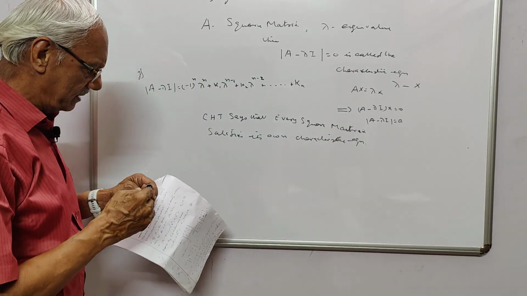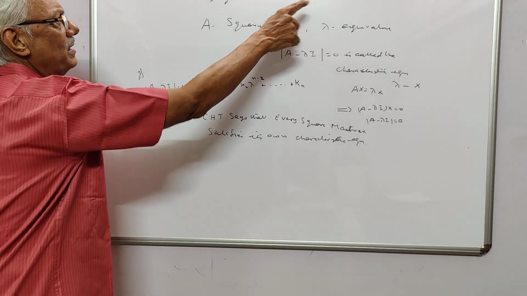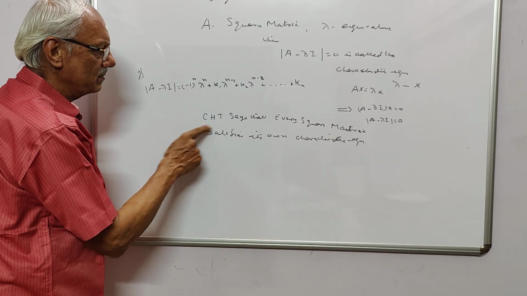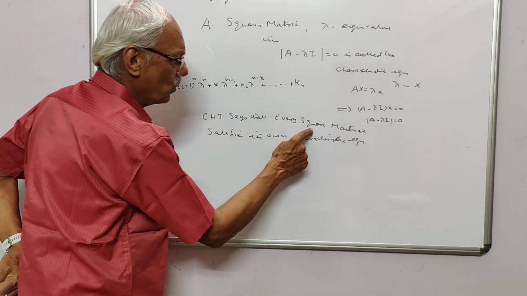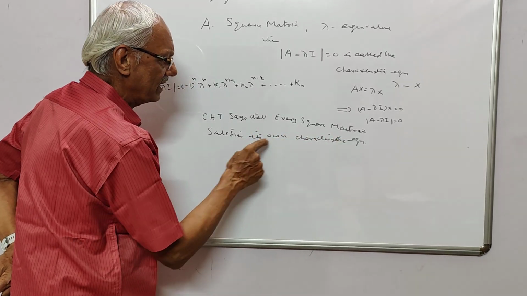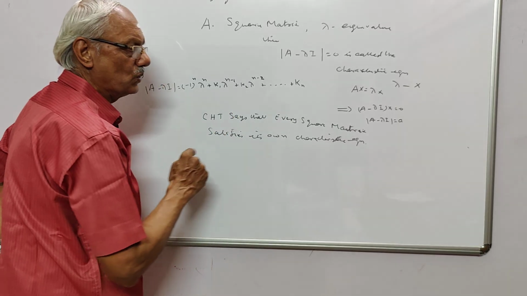So this is the statement of Cayley Hamilton's theorem. The Cayley Hamilton theorem says that every square matrix satisfies its own characteristic equation.